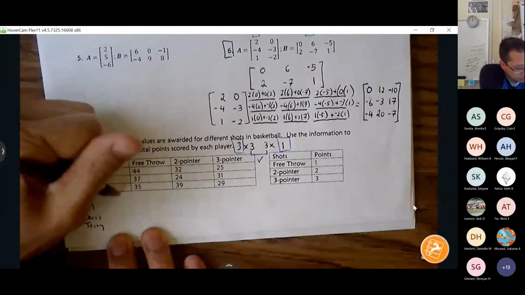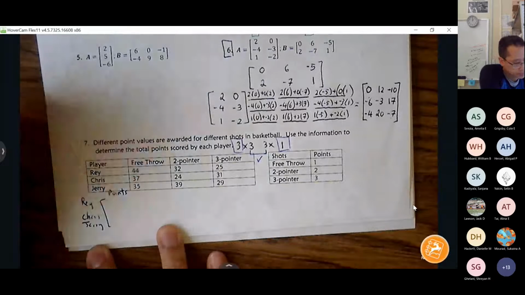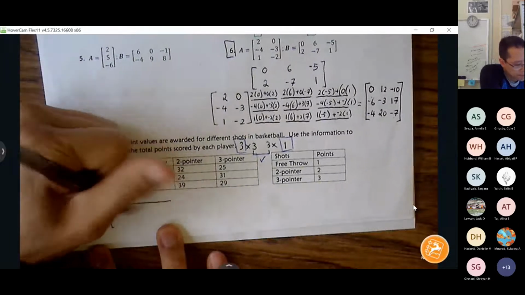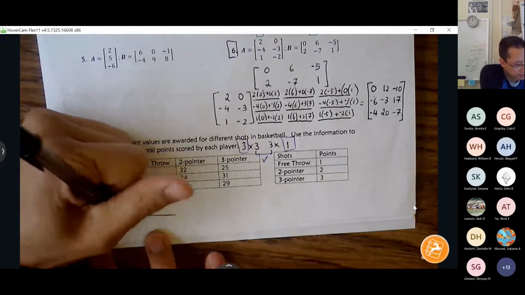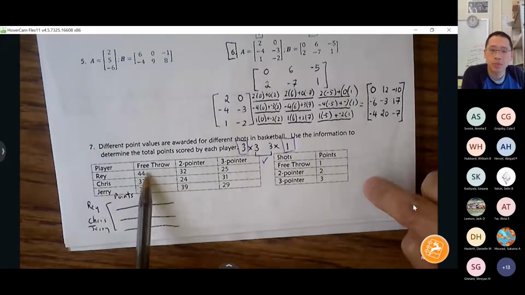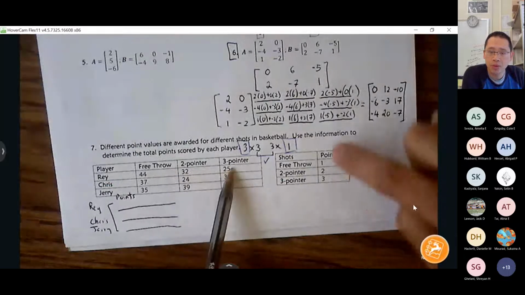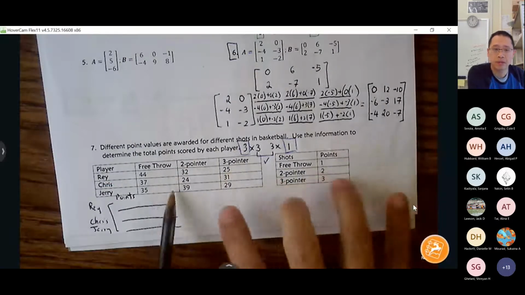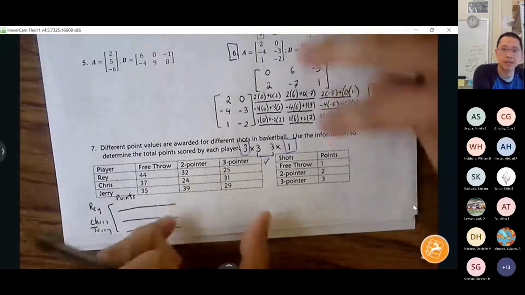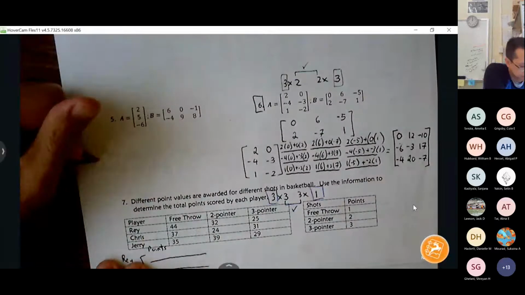Points is what we're going to be concerned with. We're going to be matching the row with the column. If you want to have it lined up the way that we have it here, you can put that over here.